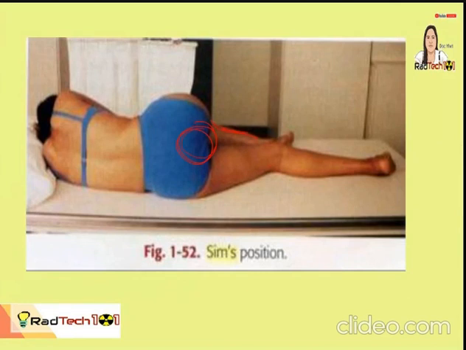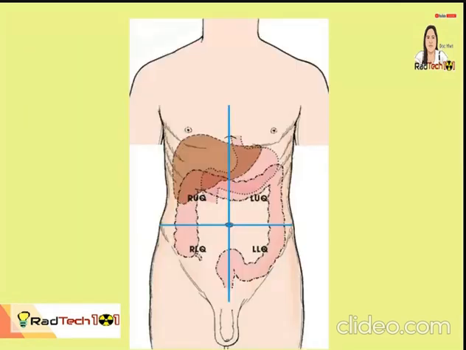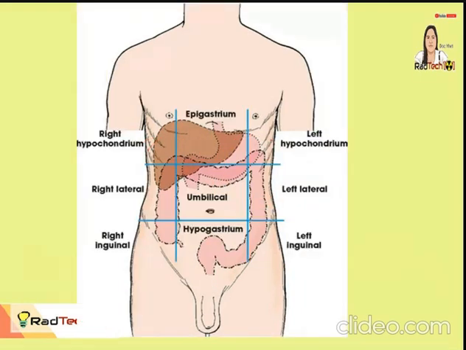So, next we have the divisions of the abdominal area. We have 4 quadrants, the right upper quadrant here, the left upper quadrant, right lower quadrant, and the left lower quadrant. So that is for the 4 quadrants. We also have the 9 divisions.